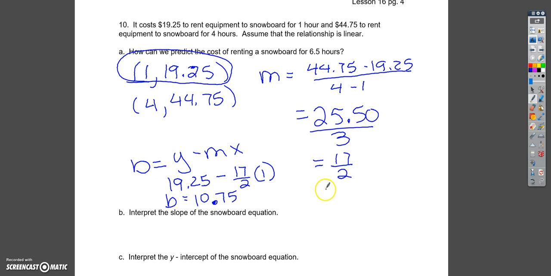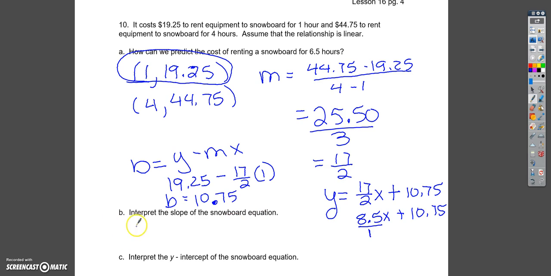So y equals 17 over 2 x plus 10.75, or we could say 8.5x plus 10.75. Interpret the slope of the snowboard equation.